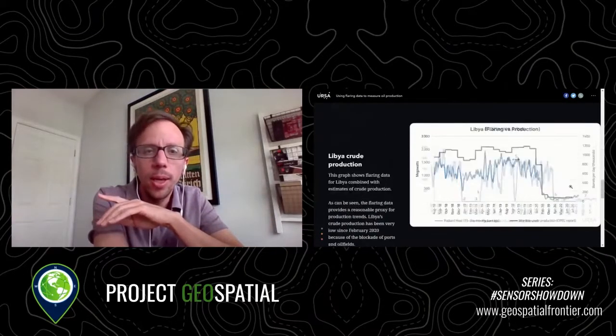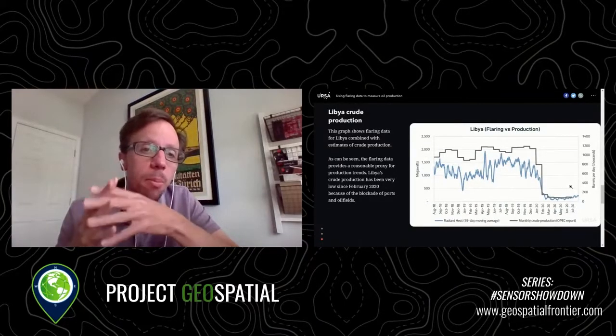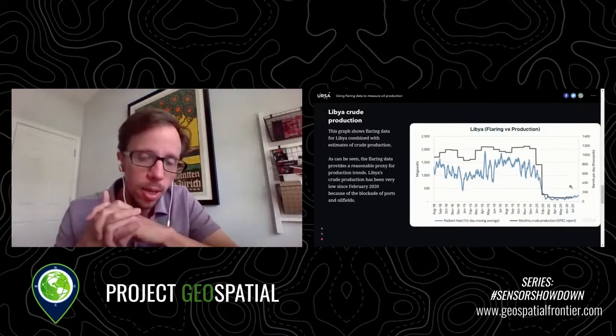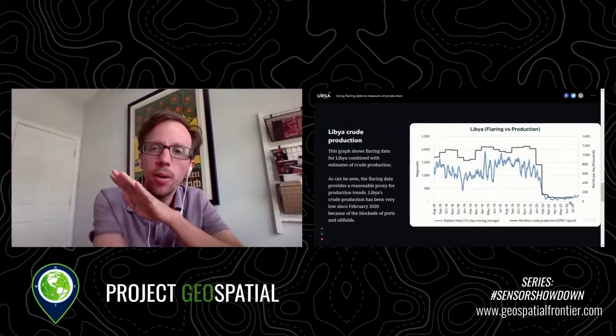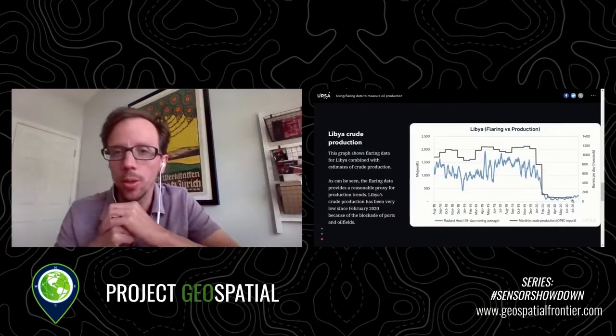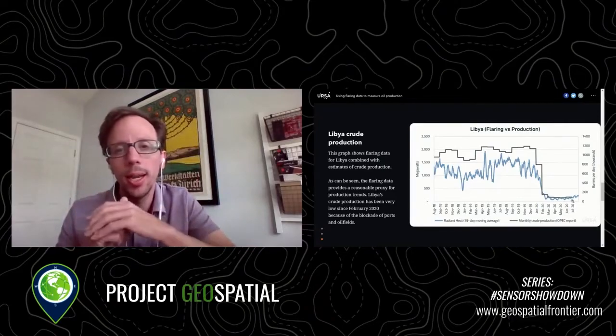We can also look at flaring for the whole country, combined with known estimates of production. The point here is to show that flaring can be a good proxy for production. Here we've looked at the entire country, again in the blue line.